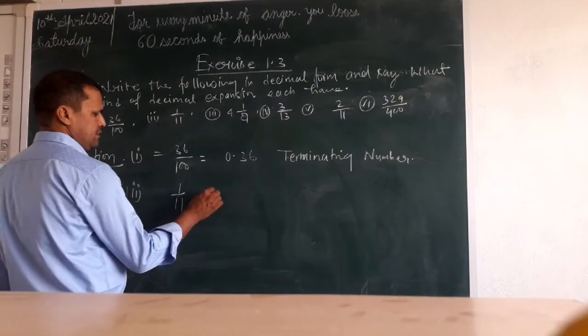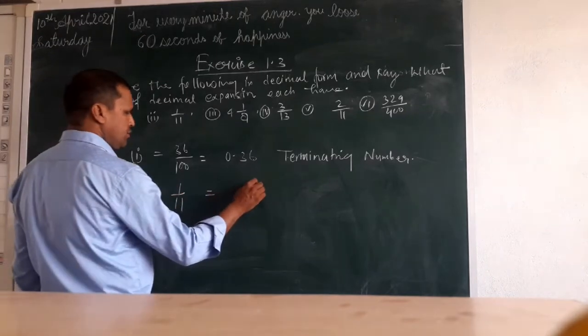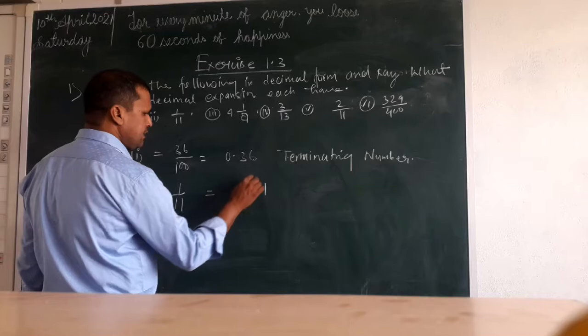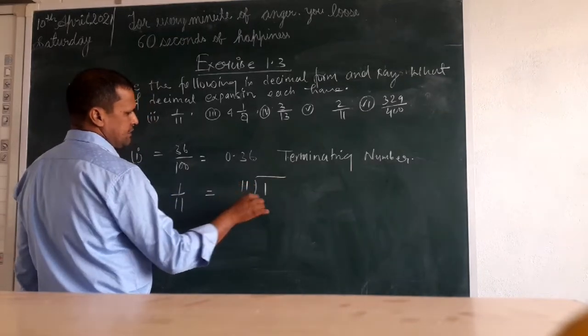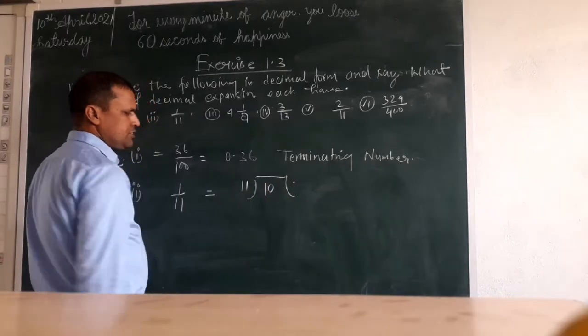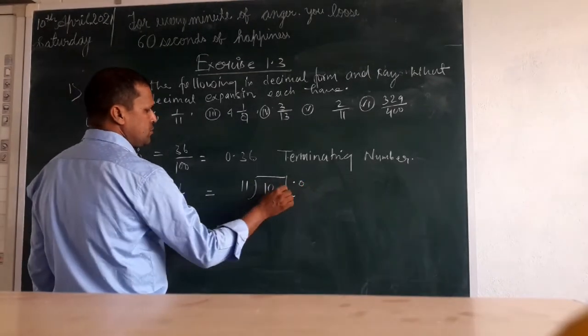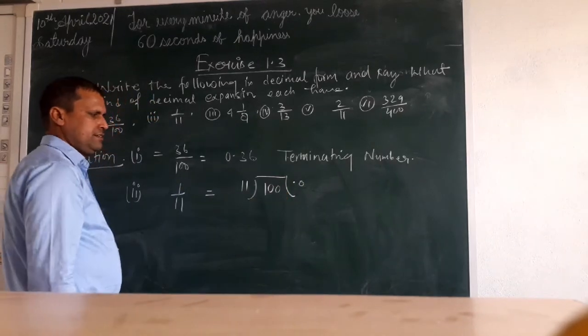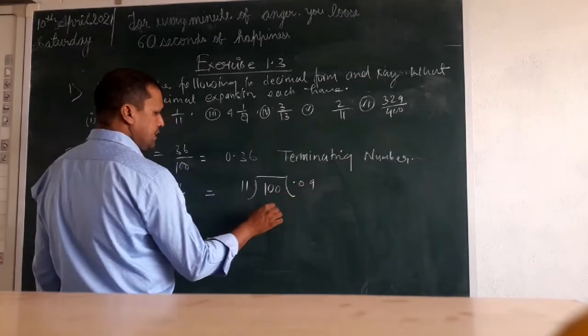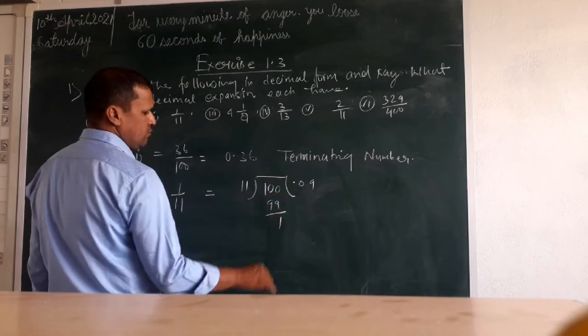Without division we can guess it, but when we divide 1 by 11, we put the decimal after that and take 1 0. Now 11 times 9 is 99, remainder 1.